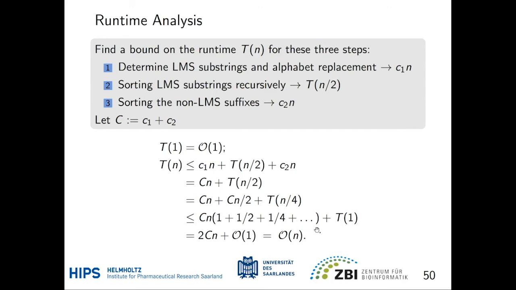And luckily, this series sums to 2. So we can show that this whole runtime is bounded by 2cn plus a constant term, which will be linear in n. So we can show that the runtime of the whole algorithm is linear in n, which was our goal.